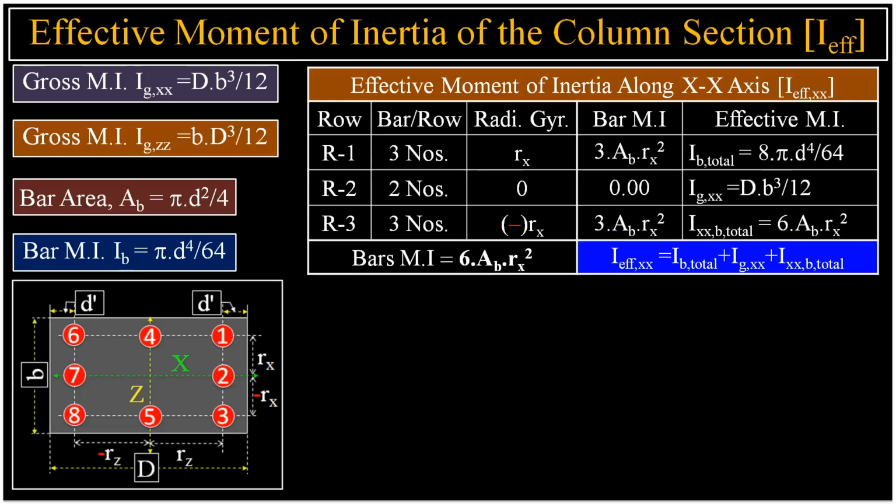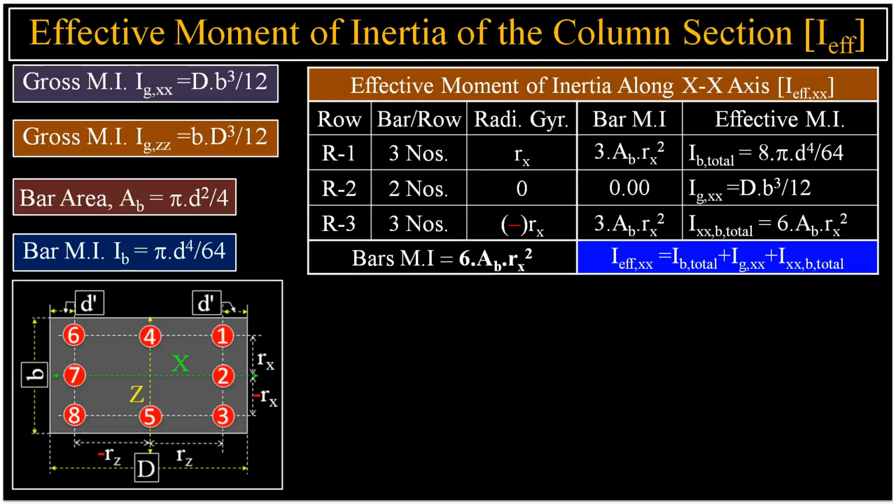This is where the gross moment of inertia of the concrete section, Igxx equals d times b to the power 3, divided by 12, is incorporated. Row R3: these 3 bars also contribute 3 times AB, times Rx to the power 2.